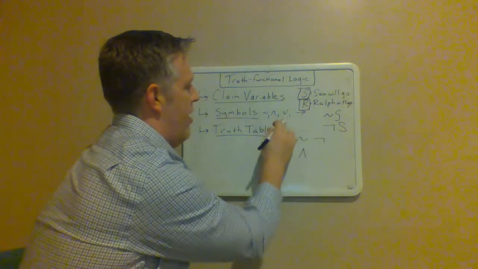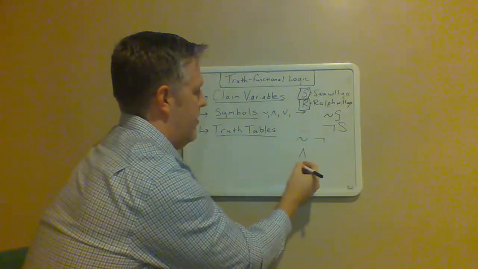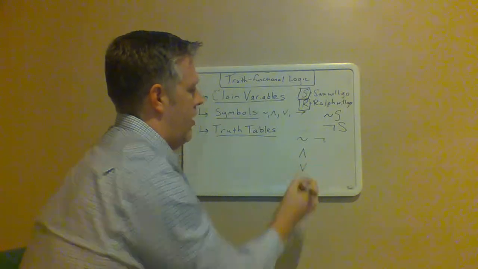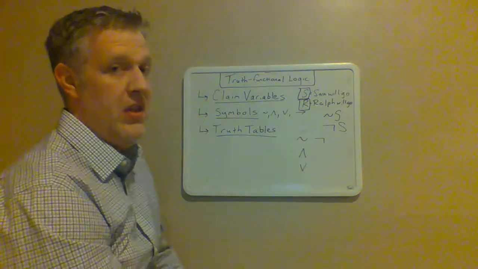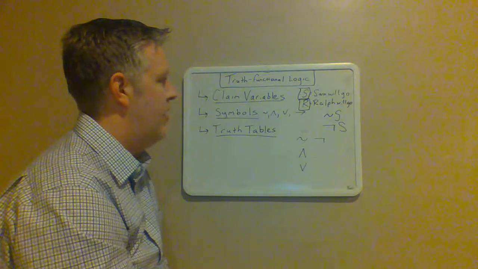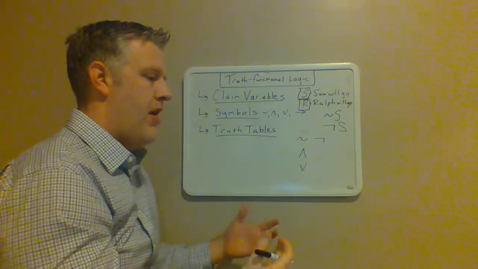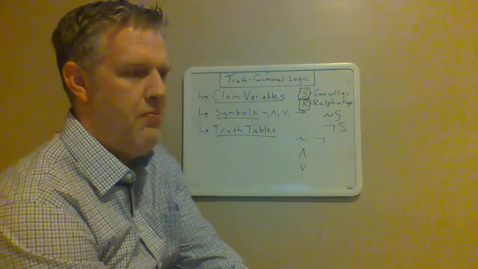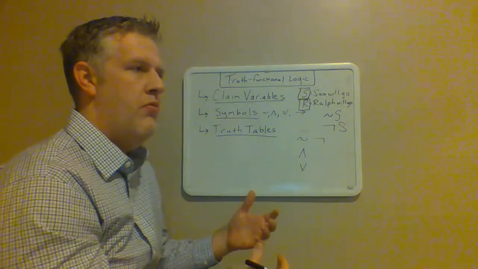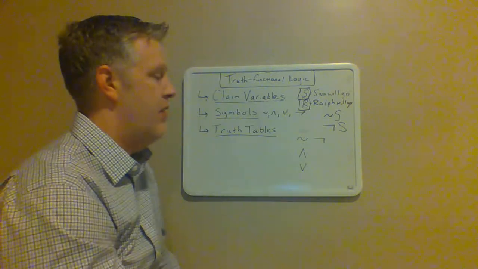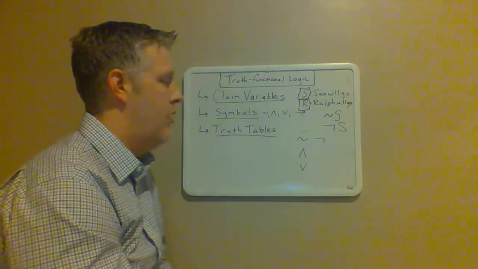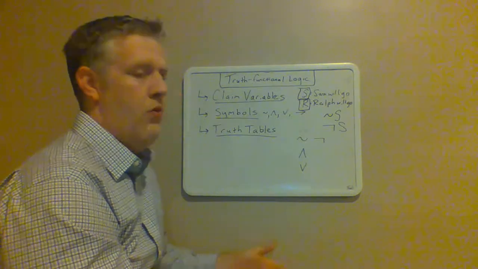On the other hand, we have the third one, which is known as a disjunction. That's just what looks like a little V, and that symbolizes two different things, one of which will be the case, maybe both, or at least that's the implication of what's being said. So Sarah will go or Ralph will go.